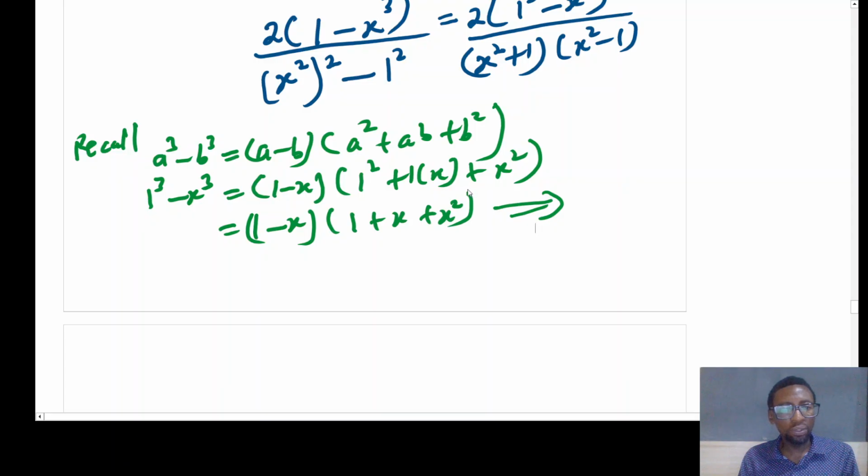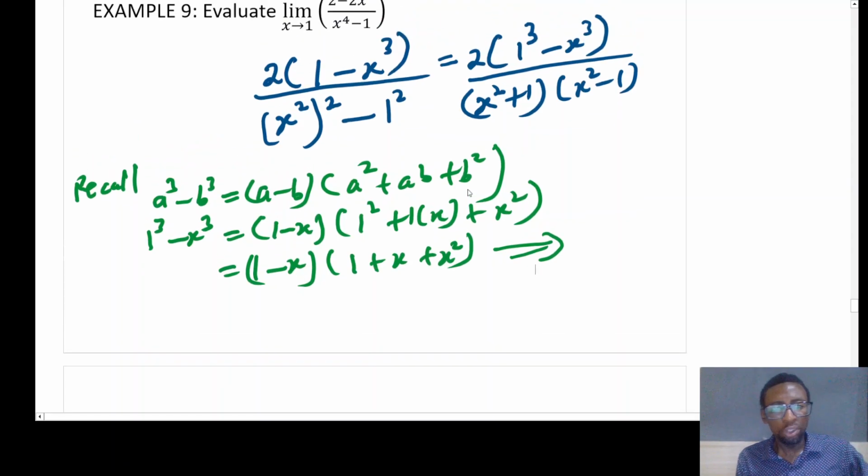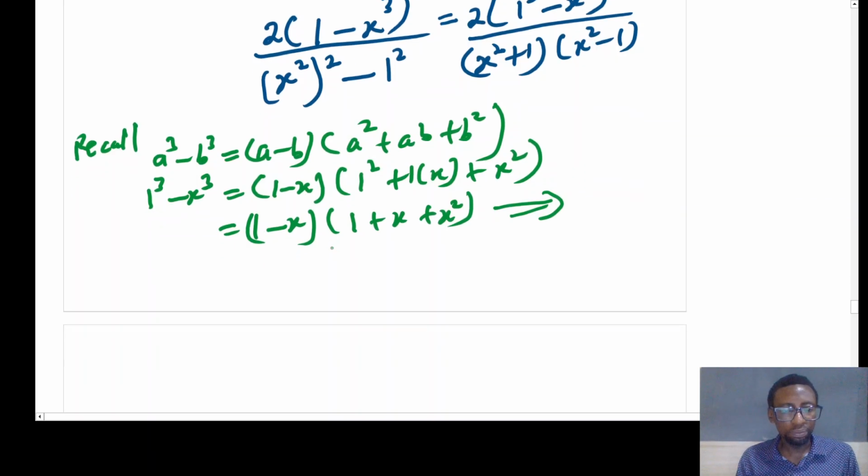Let's see if I can factorize. Look at the denominator. I have x squared plus 1, which I can't factorize. But look at the other one, x squared minus 1. I can easily factorize x squared minus 1. It can also change to x squared minus 1 squared.